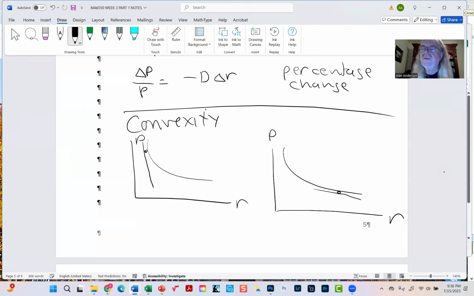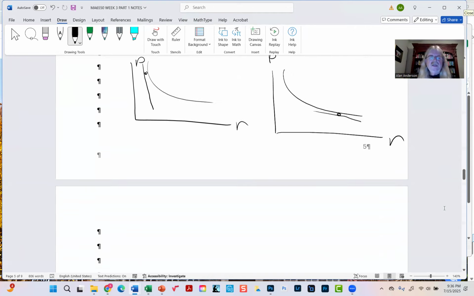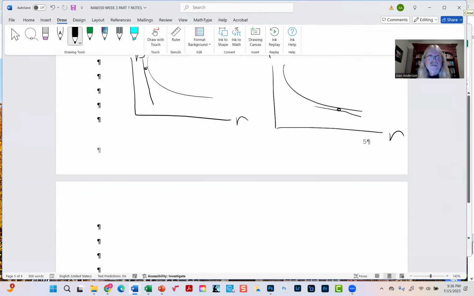So what in the world am I showing you here? Right now, all I'm showing you is that when yields are low, the duration measure is relatively high. And again, in these contexts, we're going to be using modified duration. If I forget to specify, it'll be modified duration unless I say otherwise.